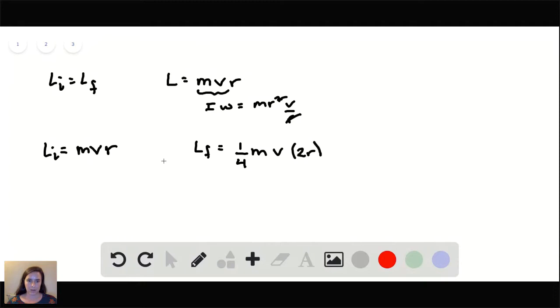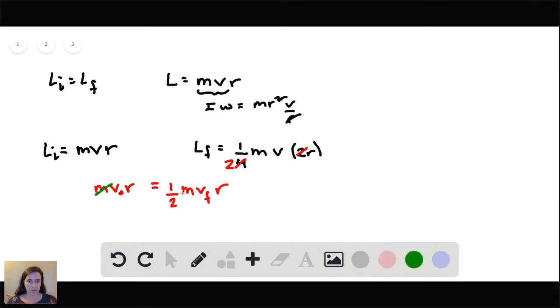What happens to the velocity? All right, so if we simplify this down, my 2 can cancel out one of those. So now we have mv naught r is equal to 1/2 mv final r.